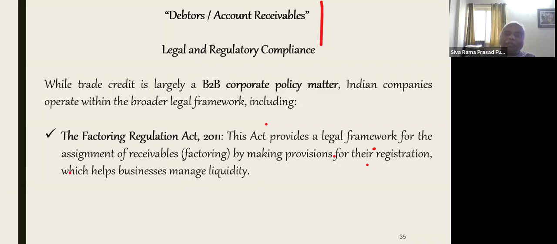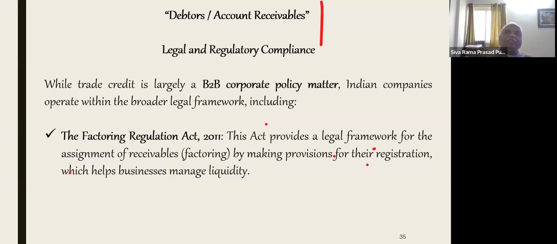Indian companies also operate under the Factoring Regulation Act. The Act provides a legal framework for assignment of receivables, factoring, with provisions for registration, helping businesses manage liquidity. Some companies discount their bills with factors. But the factors also make claims and act as financial creditors. How did the factor arise?